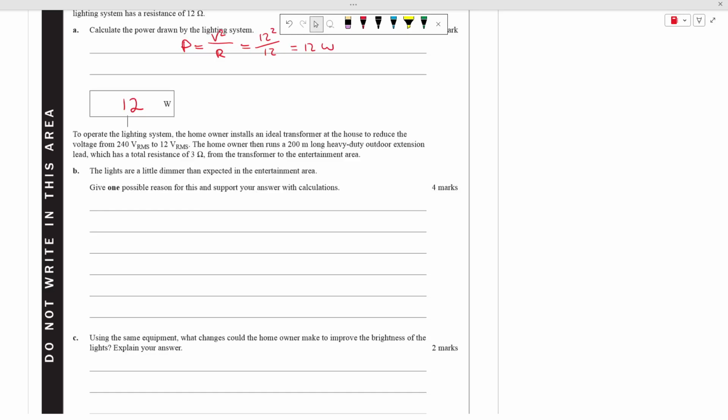So we'll say, how are we going to do this one? Let's talk about voltage. Actually, no, power, because, should we do power or voltage?